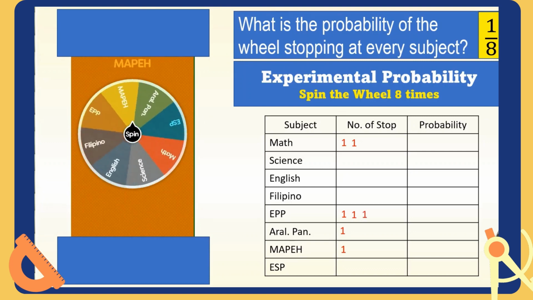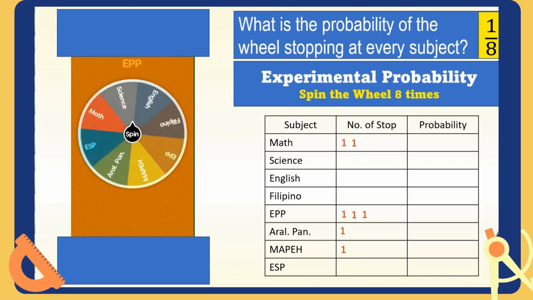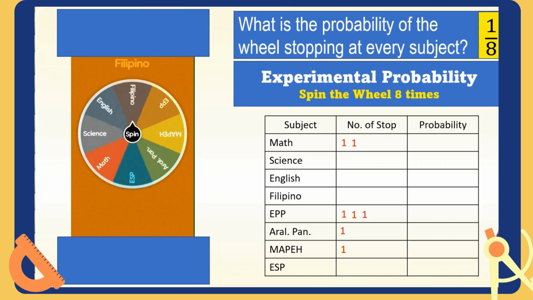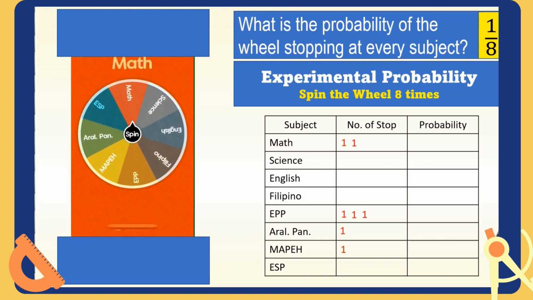At huminto ulit sa EPP. Kaya meron na siyang 3 sa EPP. So, 1, 2, 3, 4, 5, 6, 7. Nasa last spin na tayo. At ito ay huminto sa mathematics. So tingnan natin yung actual experiment na ginawa natin.